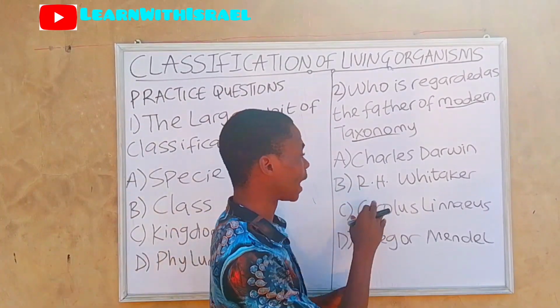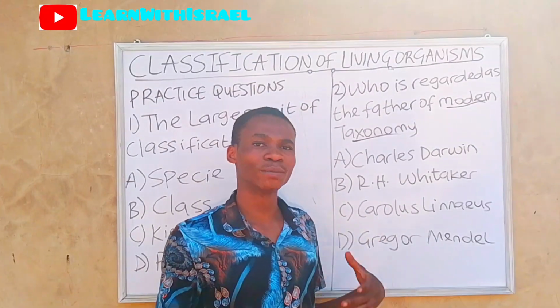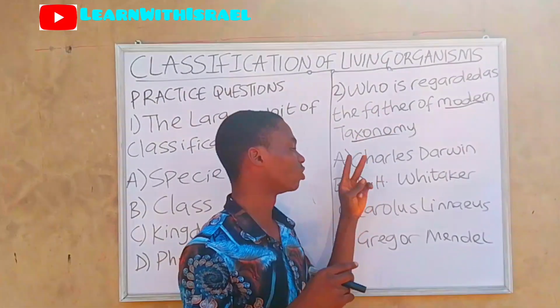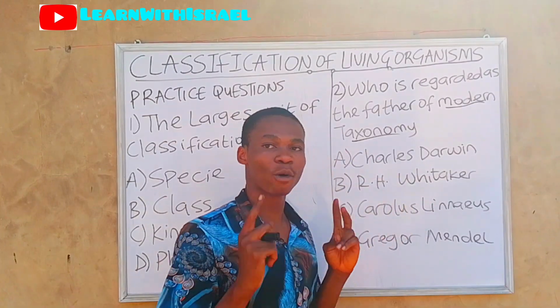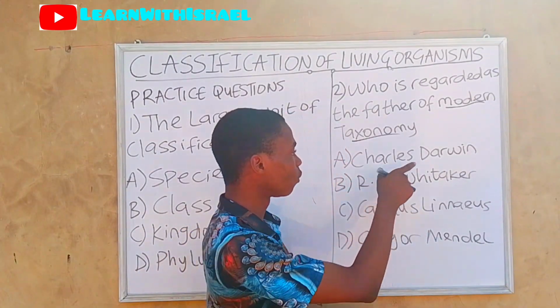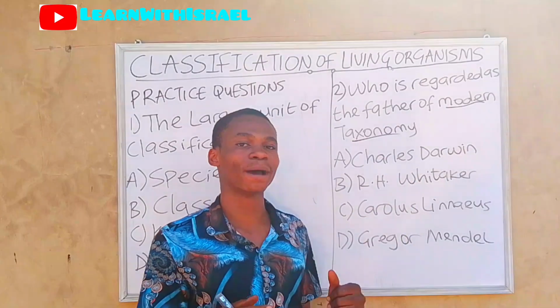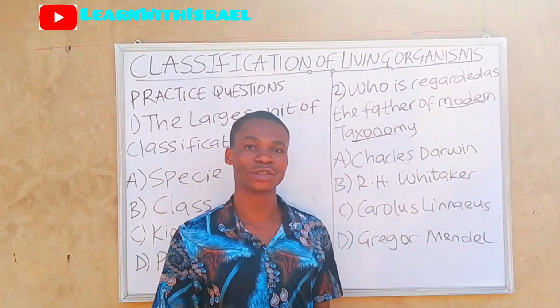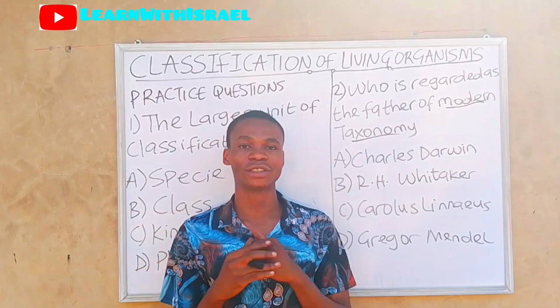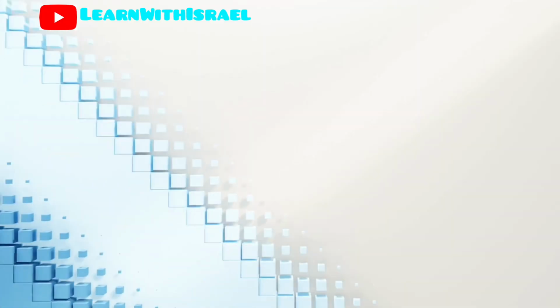R.H. Whitaker is the one that proposed the modern classification system. So don't mix it up. Modern taxonomy is Carolus Linnaeus, while the modern classification system is R.H. Whitaker. Charles Darwin is the one that talked about natural selection. So guys, let's continue with the questions.